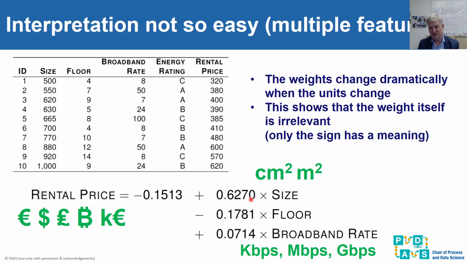And of course, this will have a dramatic impact on the weight of this W1 factor. The same as if we look at the broadband rate, it could be expressed using all kinds of different units. If we look at the rental price, we can also express it in dollars, euros, pounds, bitcoins, all kinds of things. So the absolute value of these weights doesn't say very much.